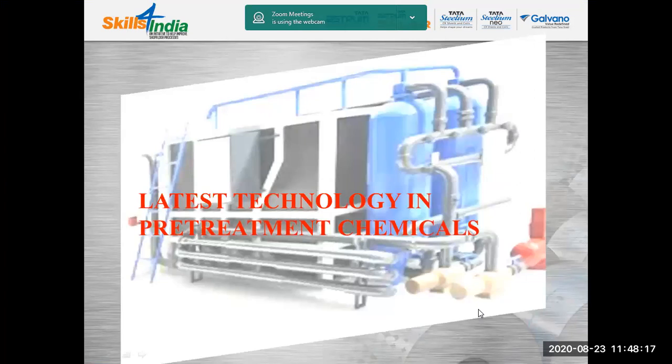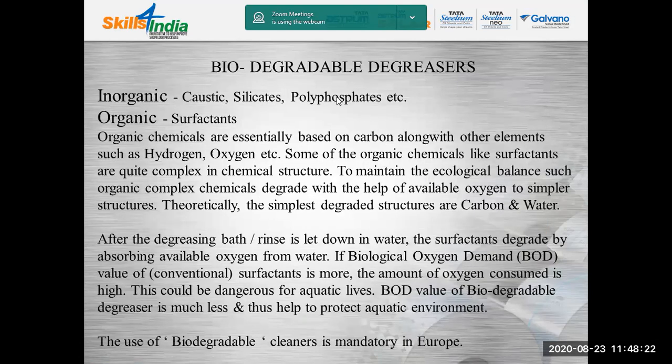The latest technology in pre-treatment chemicals: biodegradable degreasers. Inorganic ones are caustic, silicates, phosphate; organic ones are surfactants. Organic chemicals are essentially based on carbon along with other elements such as hydrogen and oxygen.